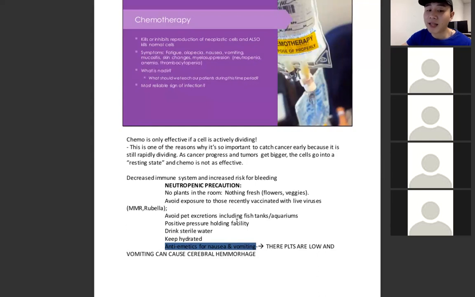So we have to prophylactically give them anti-emetic before they even feel nauseated. And if they are throwing up with the condition of thrombocytopenia, they are at high risk for bleeding. When they throw up, they can cause a break or a burst of a vessel in the brain, which can lead to cerebral hemorrhage and can be lethal.